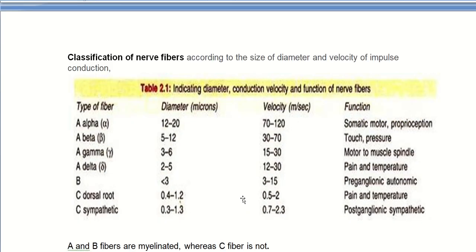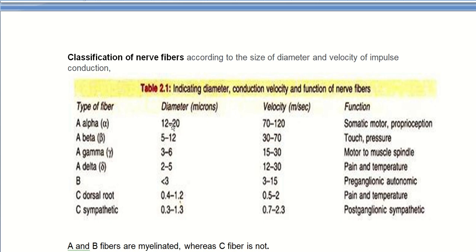Classification of nerve fiber according to the size of the diameter, velocity of impulse and conduction. According to the size: A fiber, B fiber, C fiber. A fiber is again divided into alpha, beta, gamma, delta, and this is the diameter of the nerve fiber.